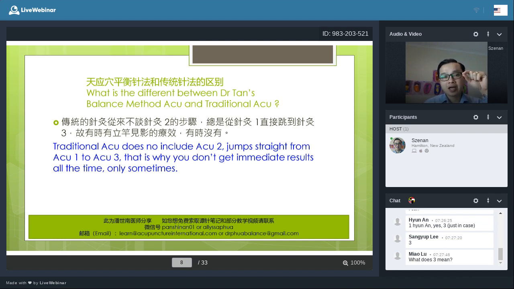Now, in Dr. Tan's balance method, for headache, we ask one more question. Where is the balance meridian? And then after we find the balance meridian, we find the point. So we get headache, right? Which meridian does this headache involve? Maybe 1, maybe 2, whatever. You're going to find out the sick meridian first, and then come to 2.